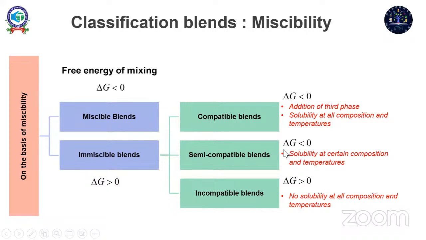For semi-compatible blends, delta G is less than 0, and solubility is achieved at certain compositions and certain temperatures. And for incompatible blends, delta G is greater than 0, where you will have no solubility at any composition and temperature.